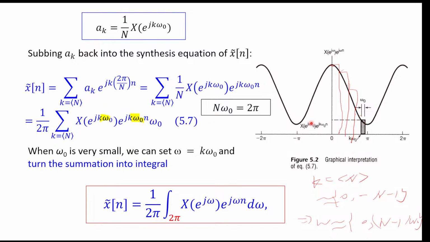Then you multiply by omega naught, which is like the area of this rectangle, where the height is this function taken at k omega naught and the width is omega naught. And then you're summing over k from 0 to N, which is basically summing over this whole bunch of rectangles, where k omega naught goes from 0 to 2 pi or from minus pi to pi.